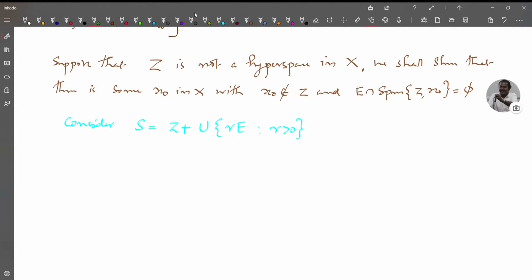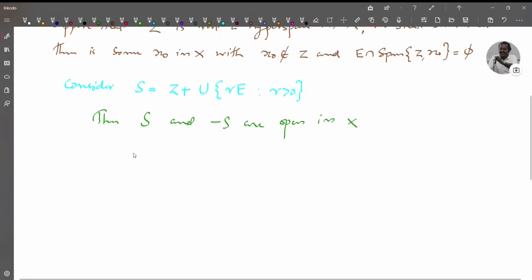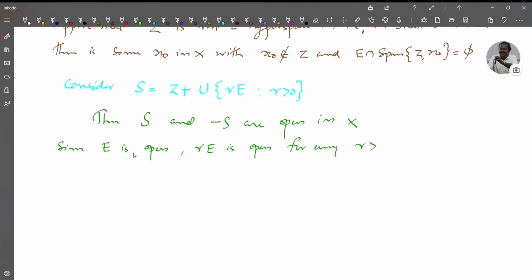Then S and minus S are open in X. This is because, since E is open, rE is open for every r greater than 0, and therefore the union of rE such that r greater than 0 is open.